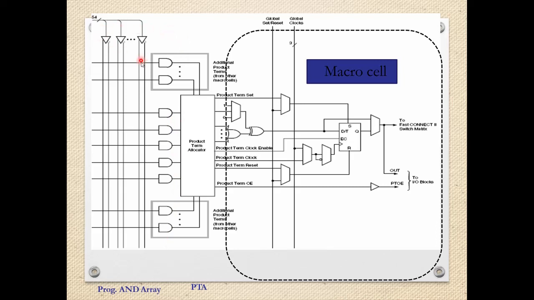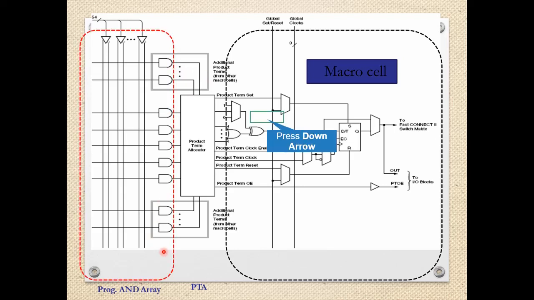For each AND gate we can see the signals which are going are the direct signal and the inverted one. And then as per the programming over here we can implement a particular logic function. Now this logic function which is implemented with the help of this programmable AND array is given to the product term allocator. So the next block is the product term allocator.